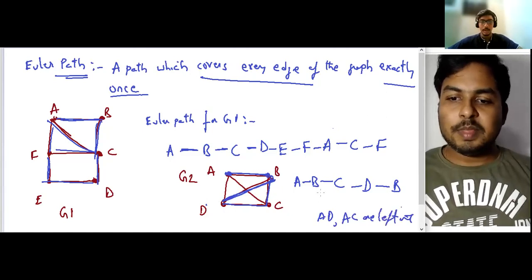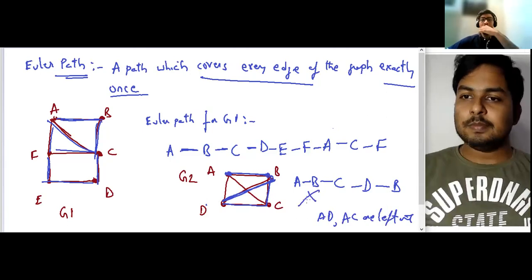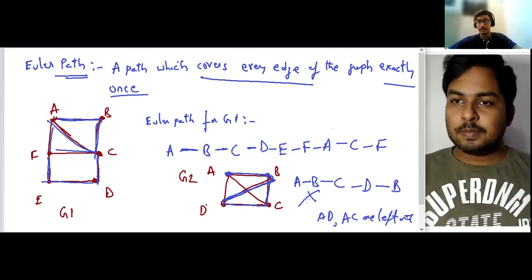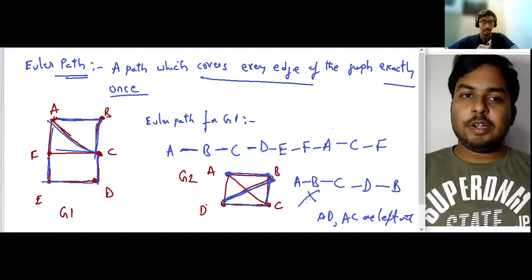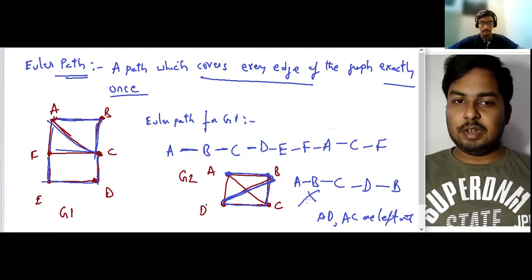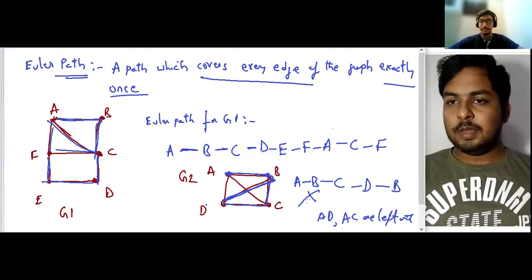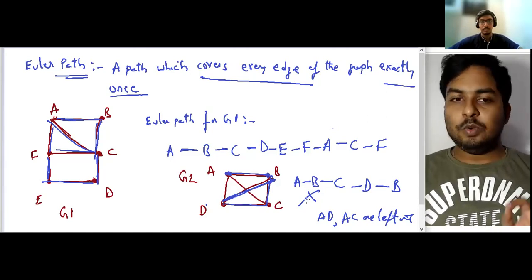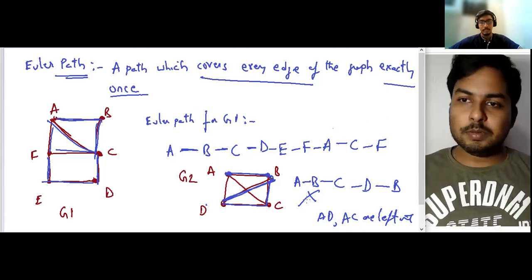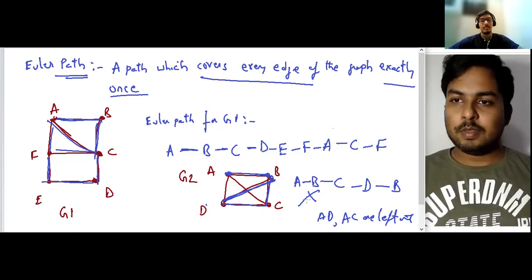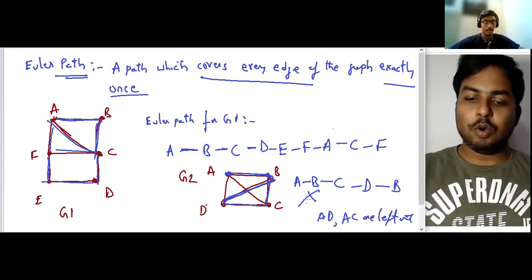That means for this graph, Euler path is not possible. Okay? So what did we understand now? We understood that it is not necessary that every graph will have a Euler path. There could be graphs for which drawing a Euler path is not possible. Okay? Just make a note of this.